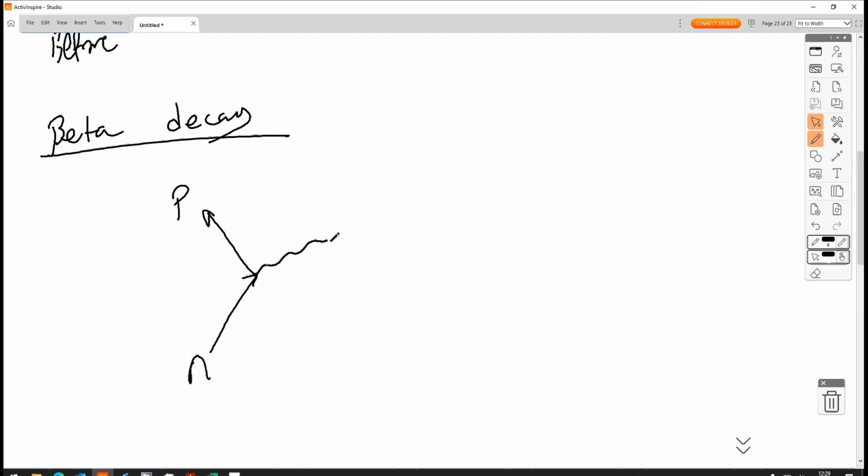So then we have W minus, which comes out of the neutron at the point where it decays, which is the vertex. The W minus moves away from that event, slightly. And then the W minus itself decays into two particles, which is the beta minus particle and the electron type antineutrino.